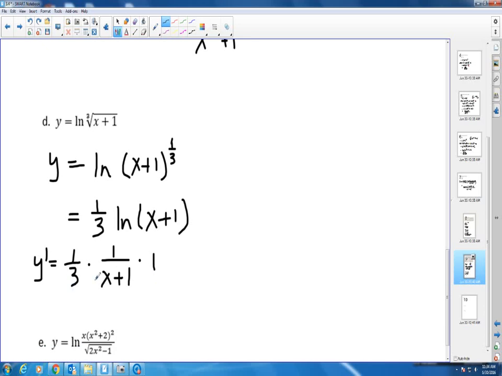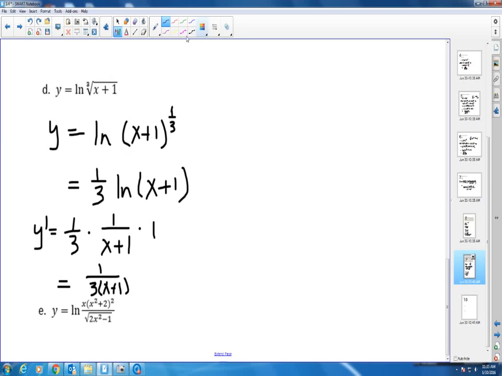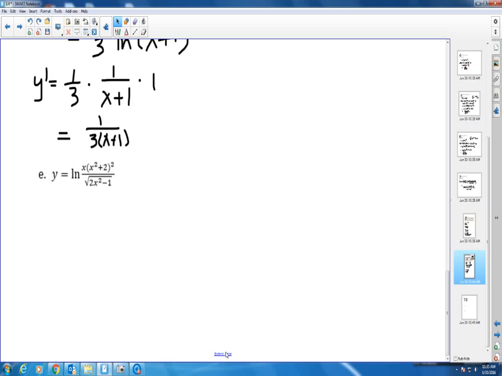So with the 3 and the x plus 1 in the bottom, my answer is 1 over 3 times x plus 1. So a lot of derivative of the outside of the inside times the derivative of the inside. Still the same thing.